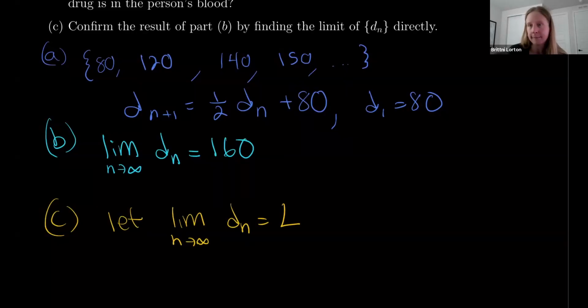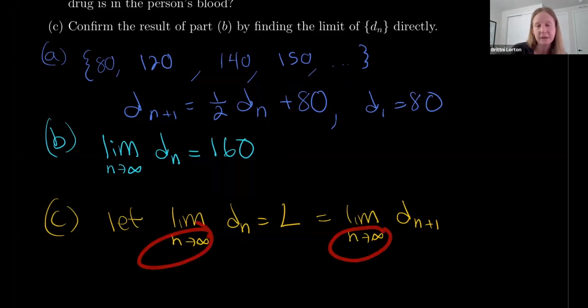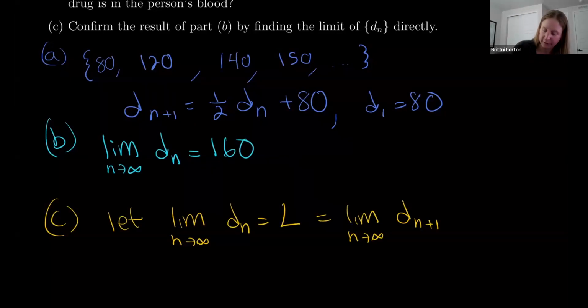Then it would just be L. And if it were just L, then it doesn't really matter when you add 1 to an infinitely large n. So if the limit as n goes to infinity of d sub n is L, then d sub n plus 1 is also L, because it does not change anything when you add 1 to an infinitely large limit.